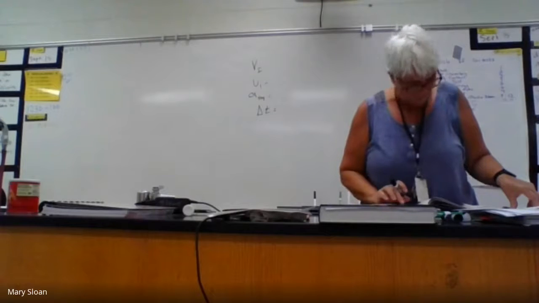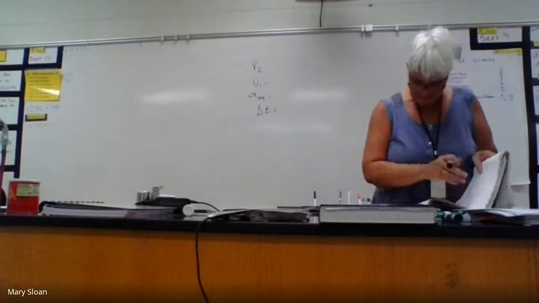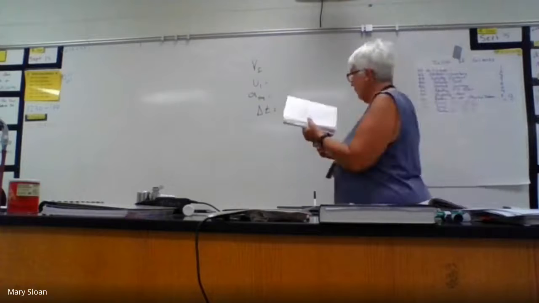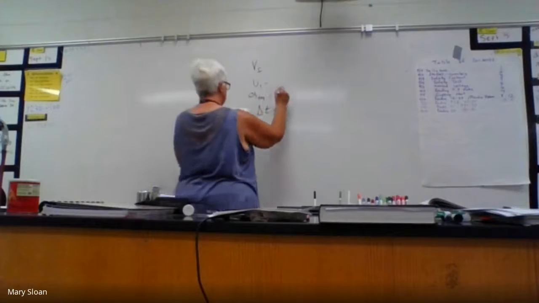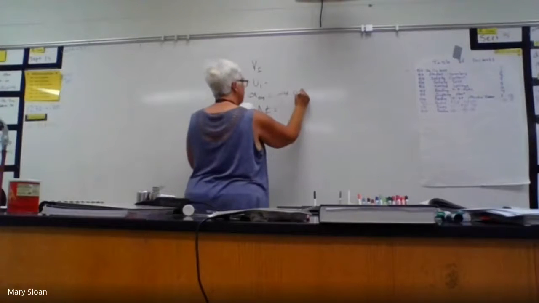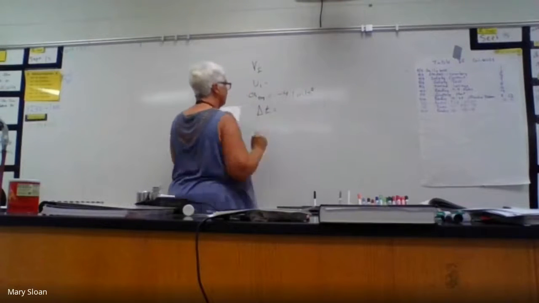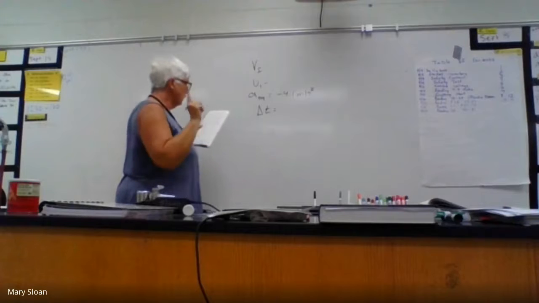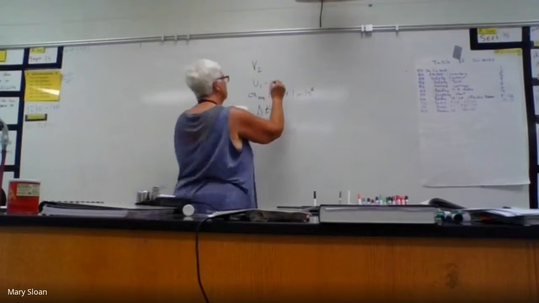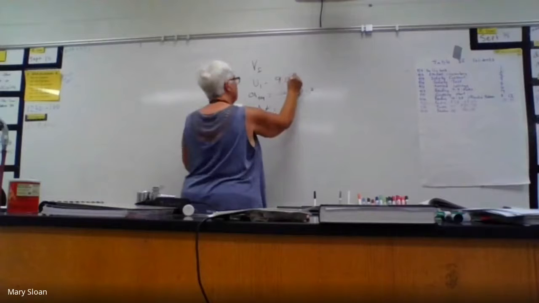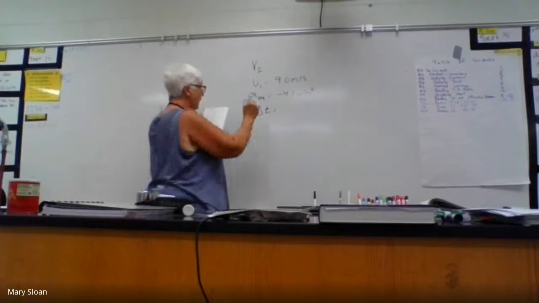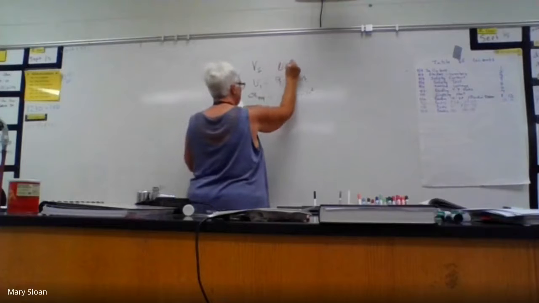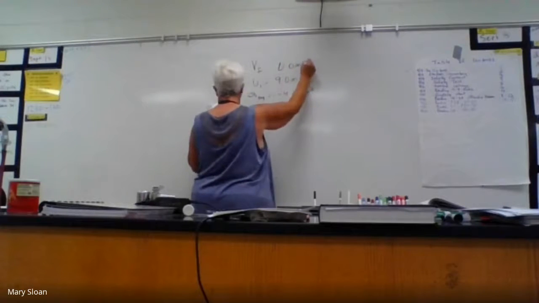Find the time interval of the acceleration of the bus. So the first thing we're going to do is our average acceleration is negative 4.1 meters per second squared. Our velocity initial is 9.0 meters per second. And our bus stopped, so it's 0.0 meters per second.